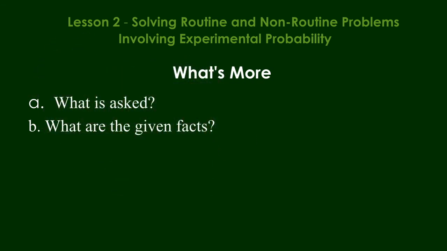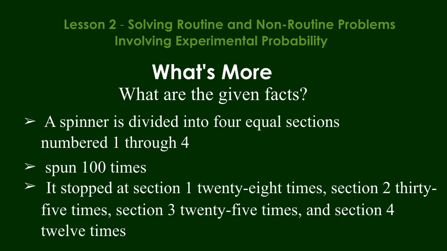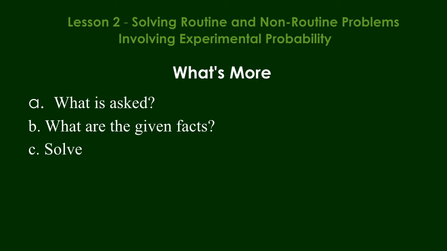The answer is 4 equal sections numbered 1 through 4, spun 100 times. It stopped at section 1 28 times, section 2 35 times, section 3 25 times, and section 4 12 times. Next, letter C. Solve. What is your answer? Timer starts now.